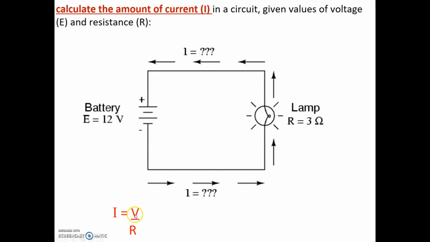So I equals V divided by R. What's our voltage? 12 volts. What's our resistance? 3 ohms. What's 12 divided by 3? It's 4. It's okay if you have to plug that into a calculator. So the answer to this would be 4 amps. You have to remember amps, because we're finding an answer in current.